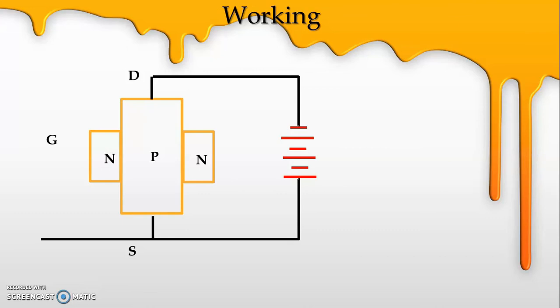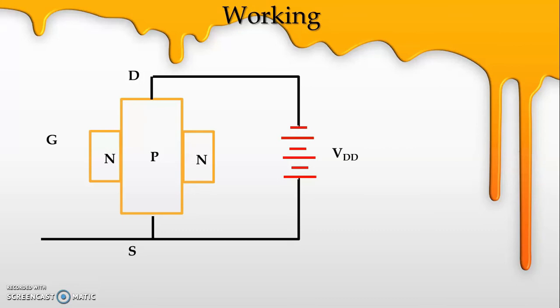When we apply voltage in a P-channel field effect transistor, the majority charge carriers, that is the holes, start passing through the drain and source, and this starts the flow of conventional current from drain to source.